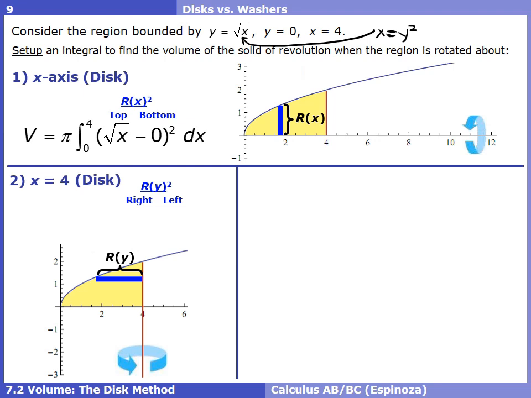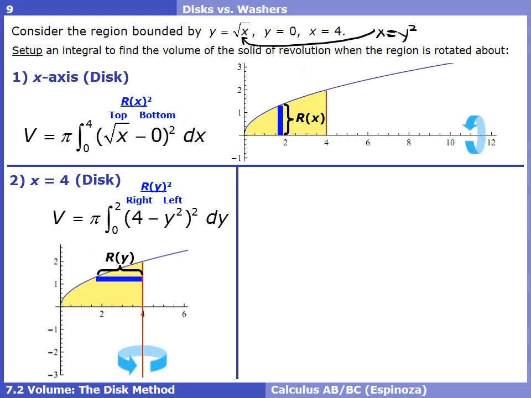we're going to have to do right minus left. The right side of that bracket, which is giving us the length of r, is touching the function 4. The left side of our bracket is touching the function square root of x. But again, be careful. We're doing everything in terms of y, so it's going to have to be y squared.